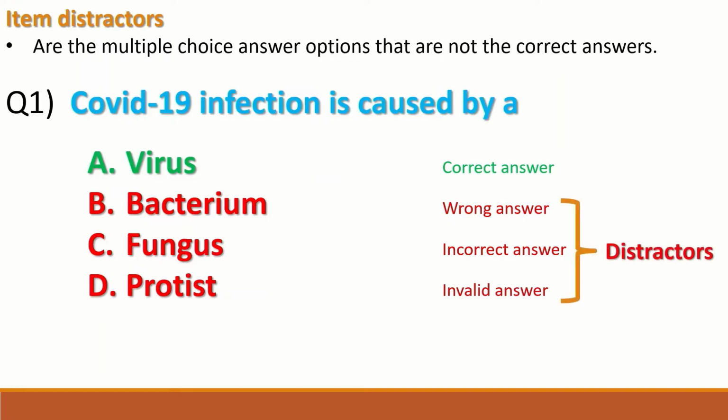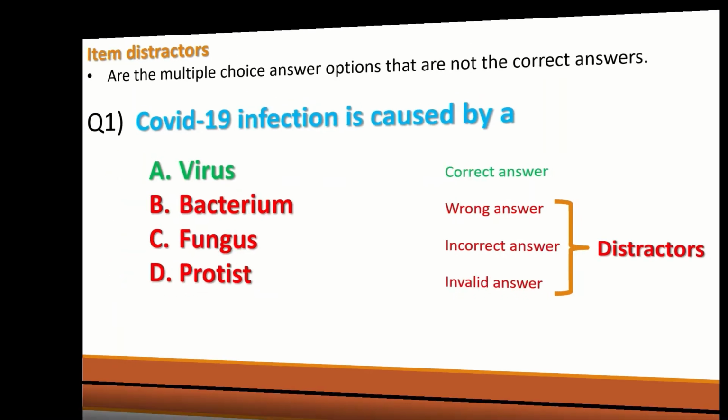So B, C and D are called the distractors because they distract the student from selecting the correct answer, which is A, and attract them to select the wrong answer, which is B or C or D.